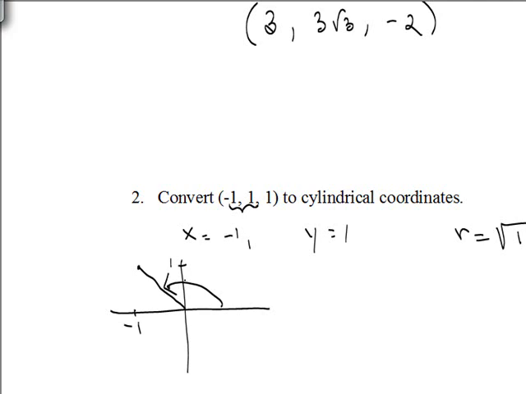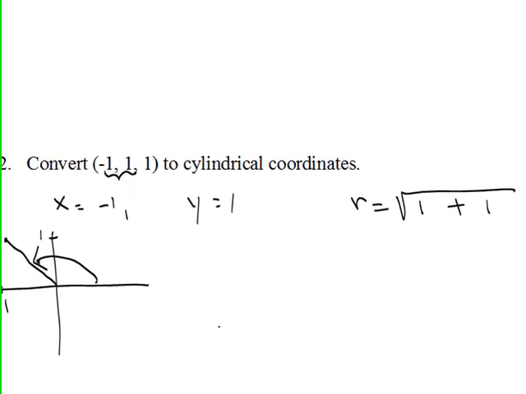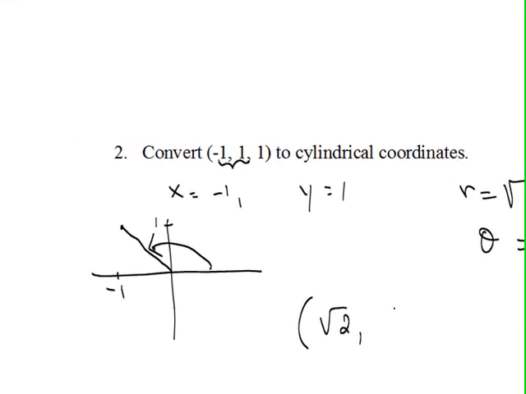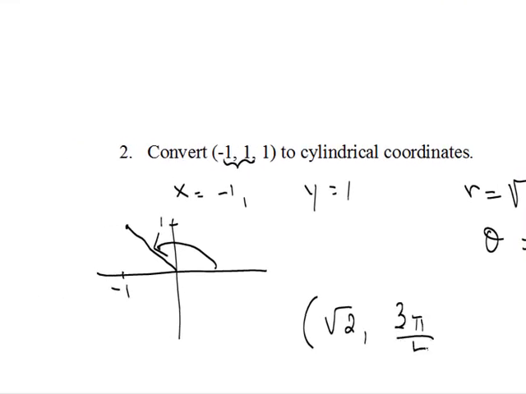All right, what angle is that? 3 pi over 4, right? So theta is 3 pi over 4. And so in cylindrical coordinates, your point is square root 2, 3 pi over 4, and the z coordinate remains as 1. Okay?